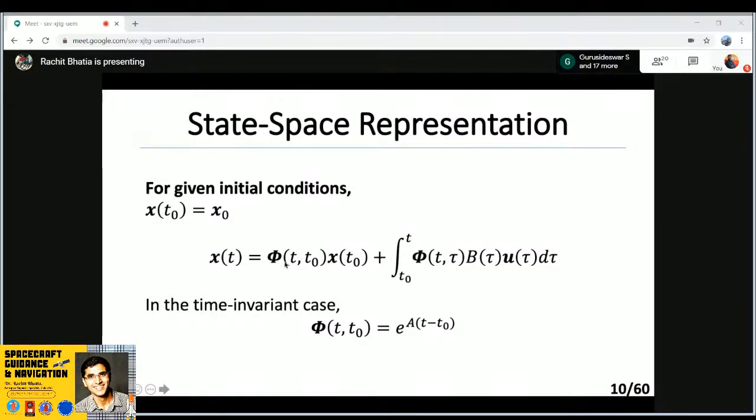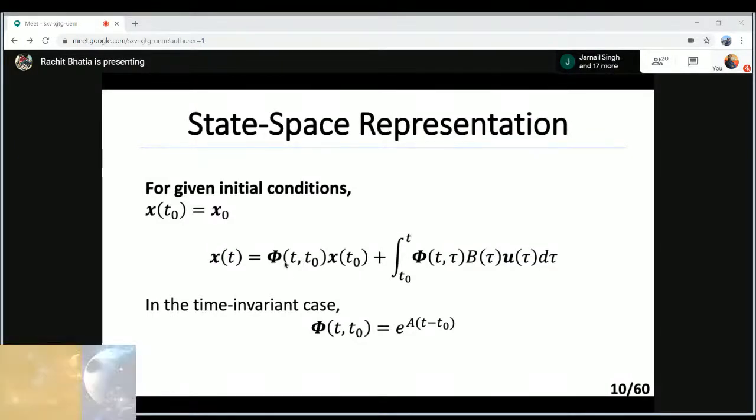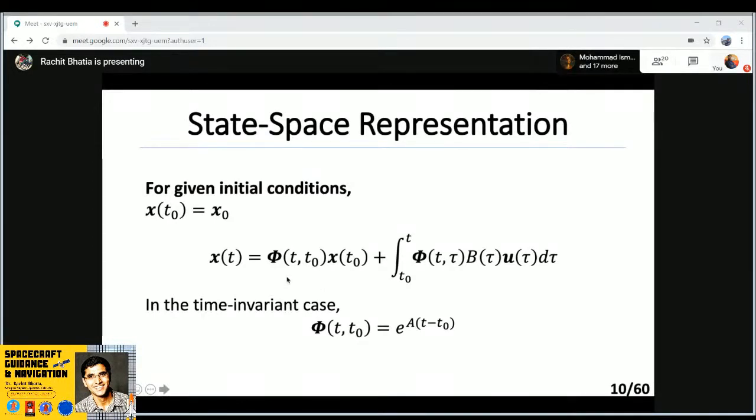And in many cases, as in my problem, it is mostly time invariant for simple dynamics, specifically orbital dynamics. Then it becomes really easy to model the system and solve the problem. So if the system is time invariant, then you can also write the state transition matrix in this form, where A is the matrix that I showed you on the previous slide in the differential equation, x dot equals Ax plus Bu.